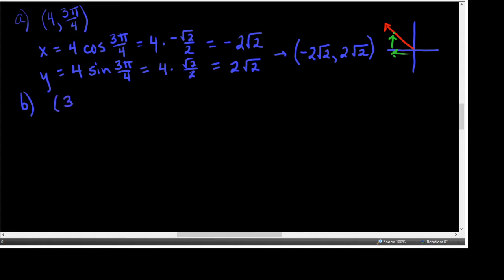My apologies again. This one we're going to change from rectangular into polar. So we know that x is 3 square roots of 3, and we know that y is negative 3. So r squared is x squared plus y squared.